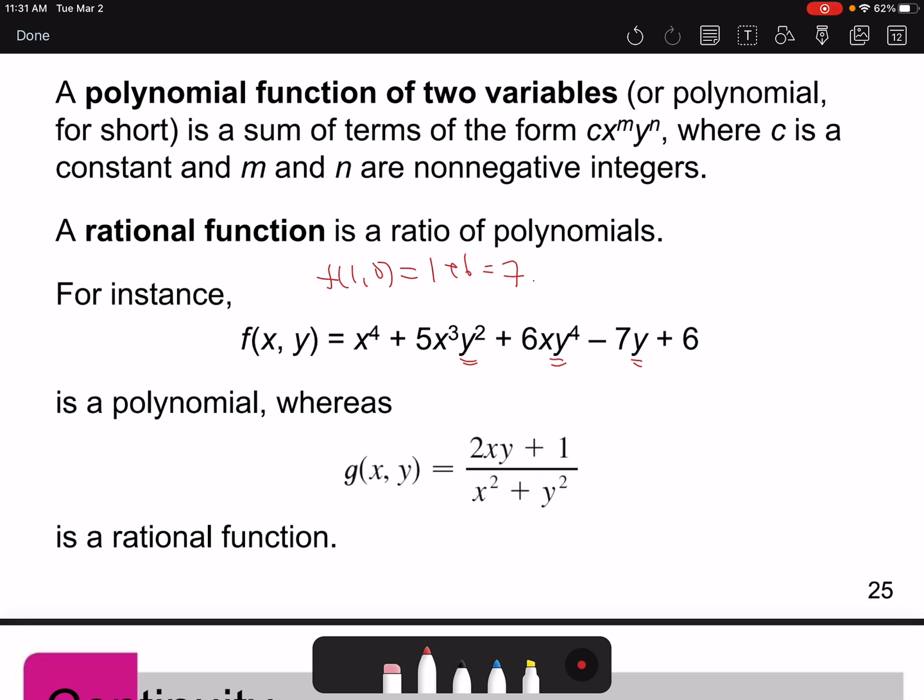So this function g of (x, y) is continuous everywhere except where x plus y equals 0. That doesn't work. So the only point where this can equal 0 is (0, 0).